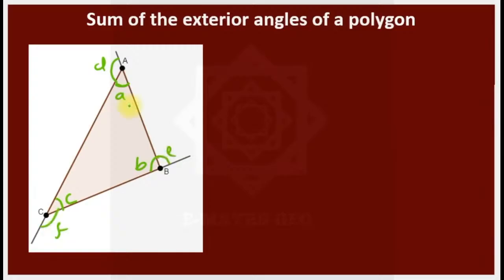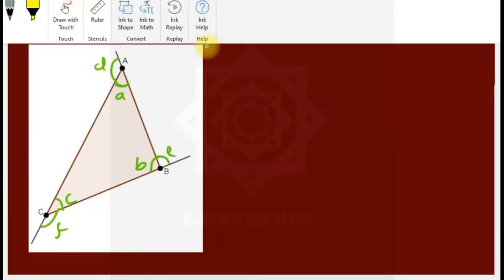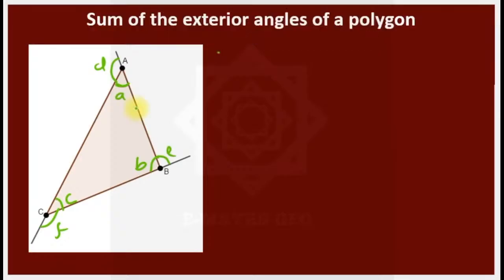So what do you notice? Each of them forms a linear pair. So we have A plus D is 180, angles on a straight line.